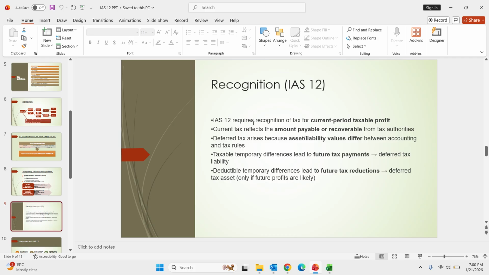IAS 12 requires recognition of tax for the current period taxable profit, which includes current tax plus deferred tax. A taxable temporary difference leads to future tax payments, a deferred tax liability, and a deductible temporary difference leads to future tax reductions, a deferred tax asset, only if future profits are likely. I have told you about these two before.